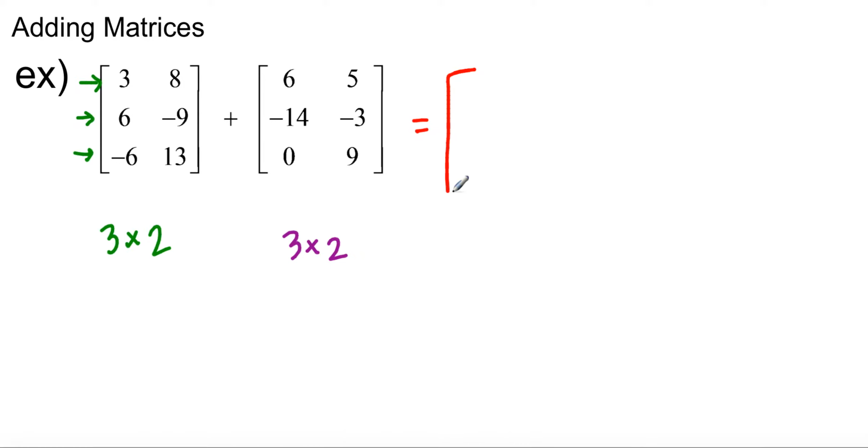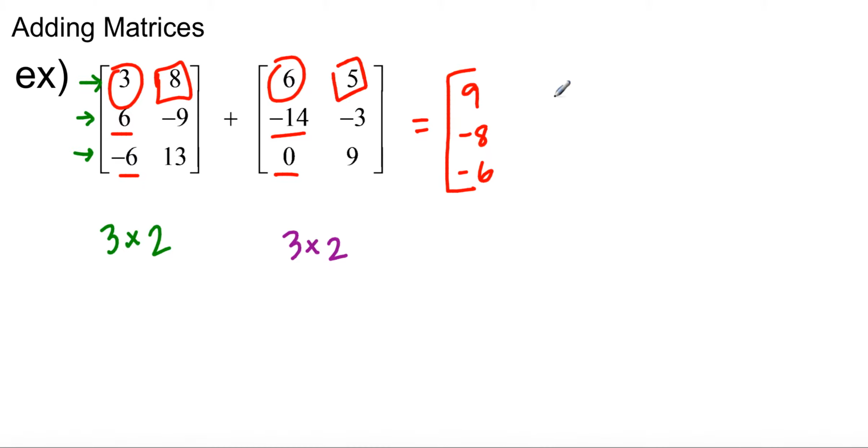So let's put our big bracket for our matrix. We're going to add 3 plus 6, which gives me 9. 6 plus negative 14, which gives me negative 8. Negative 6 plus 0 gives me negative 6. Then we're going to add 8 plus 5, which gives me 13.